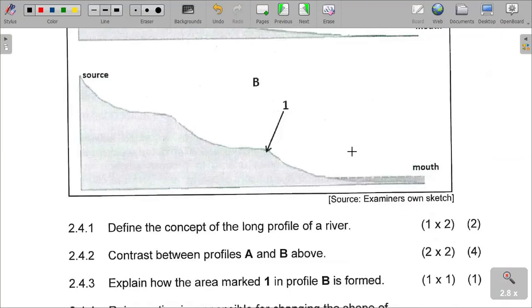It is just a side view of a river channel from the source to the mouth.